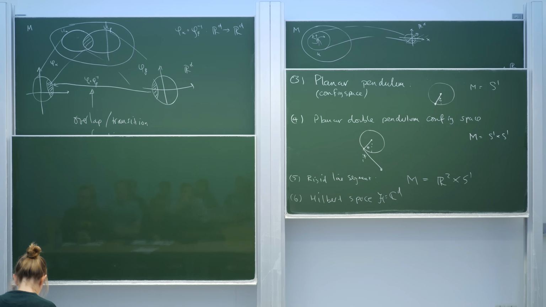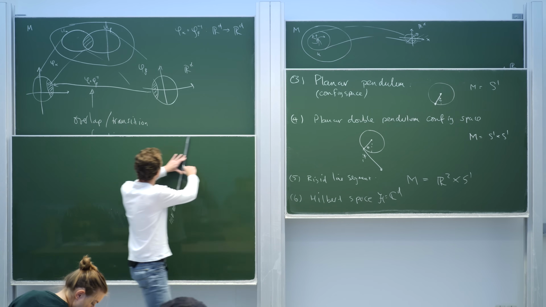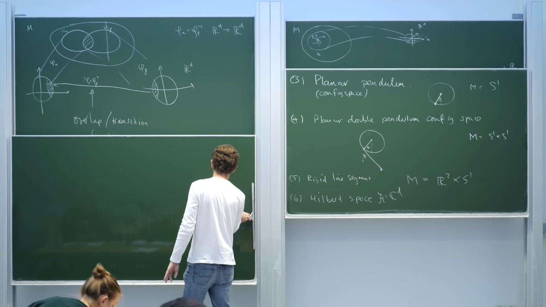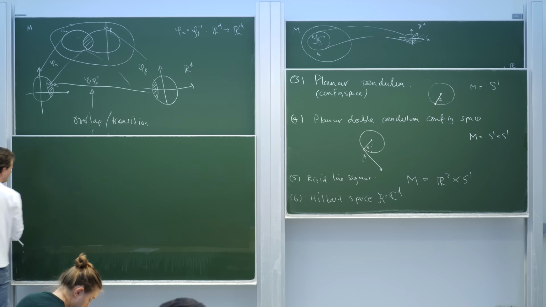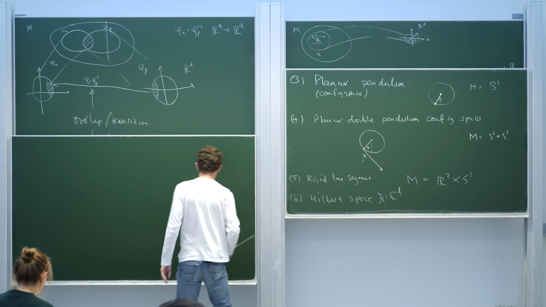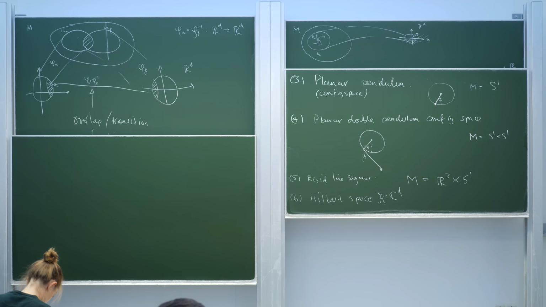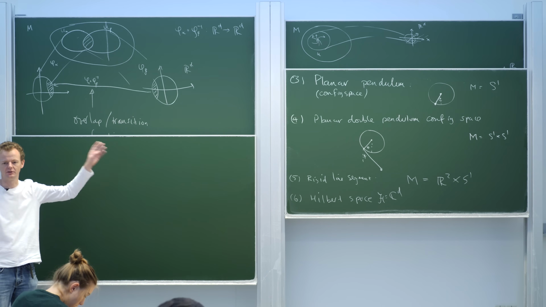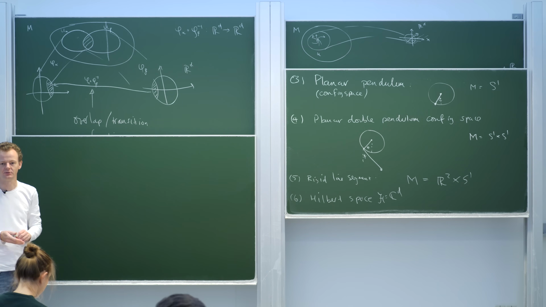I want to end with a nice way to construct examples. And I think this is the way most people think about manifolds anyway. Right? So there's this lovely abstract definition here, locally Euclidean space, homeomorphisms, transition functions, and so on.